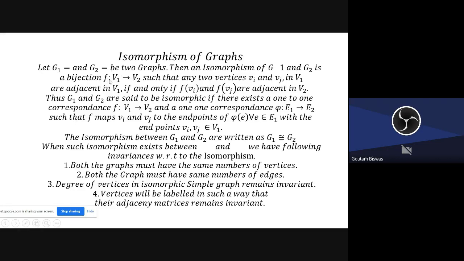That means the number of vertices in V1 and V2 will be the same. If two vertices Vi and Vj in V1 are adjacent, that means they are connected by an edge, then their images f of Vi and f of Vj are also adjacent vertices in the graph G2 or in set V2.